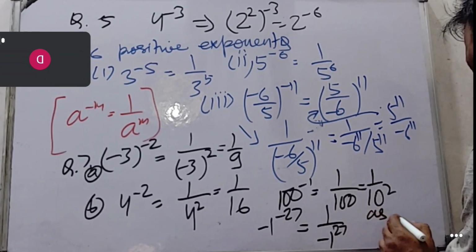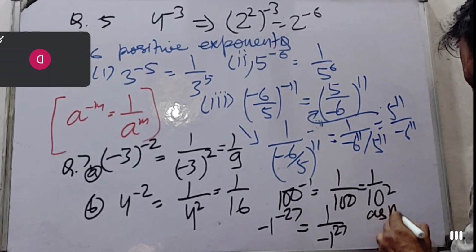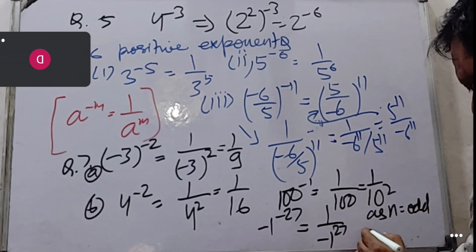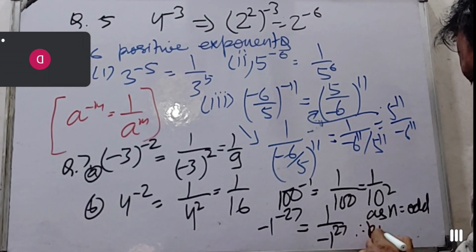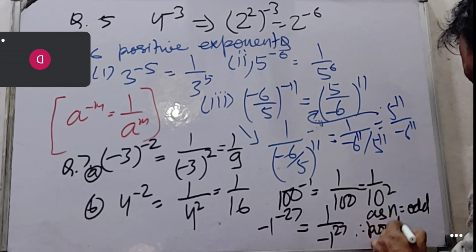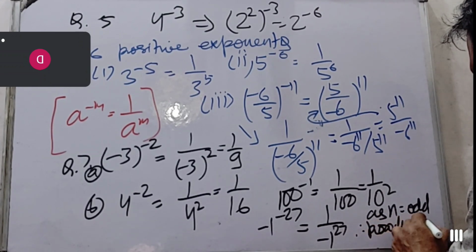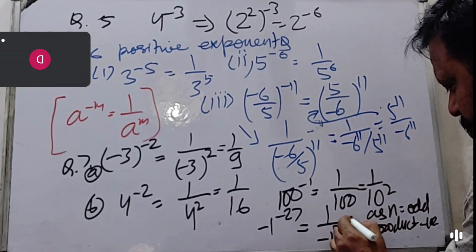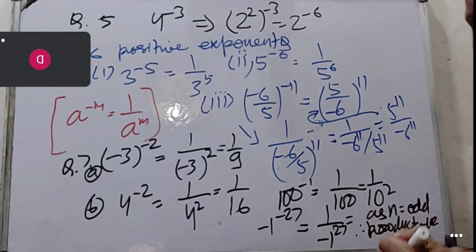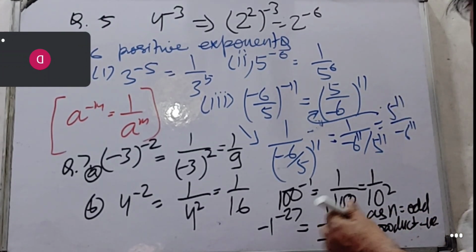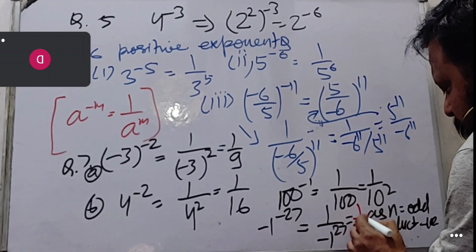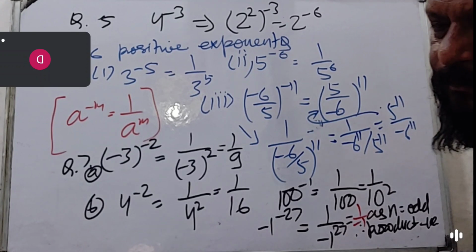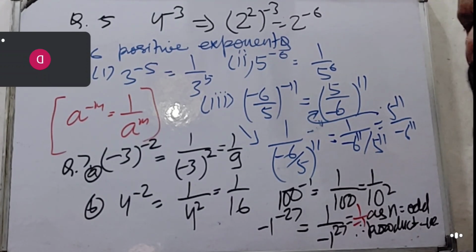As n is odd, therefore the product is negative, right? So the answer becomes 1 upon minus 1, right? 1 upon minus 1.